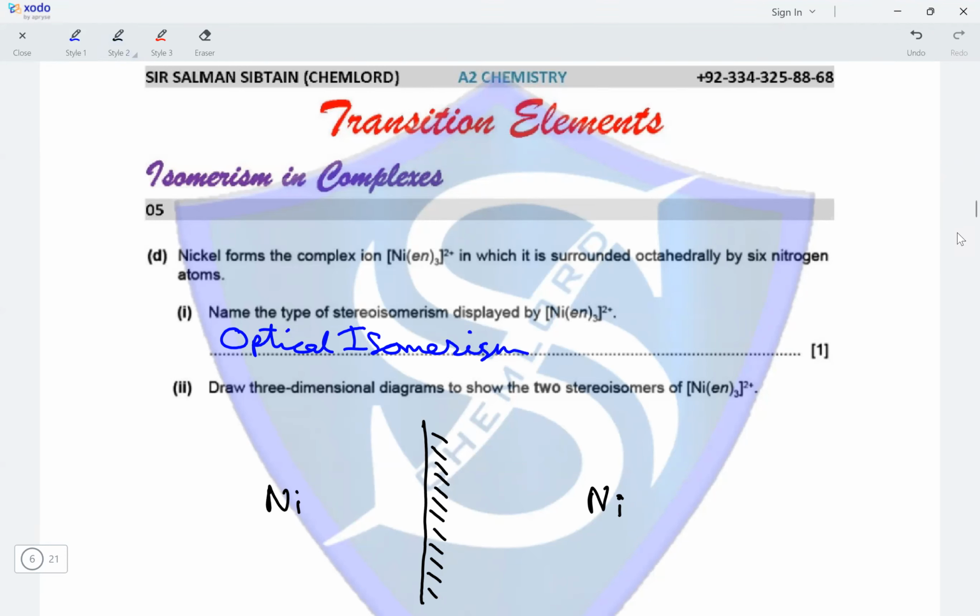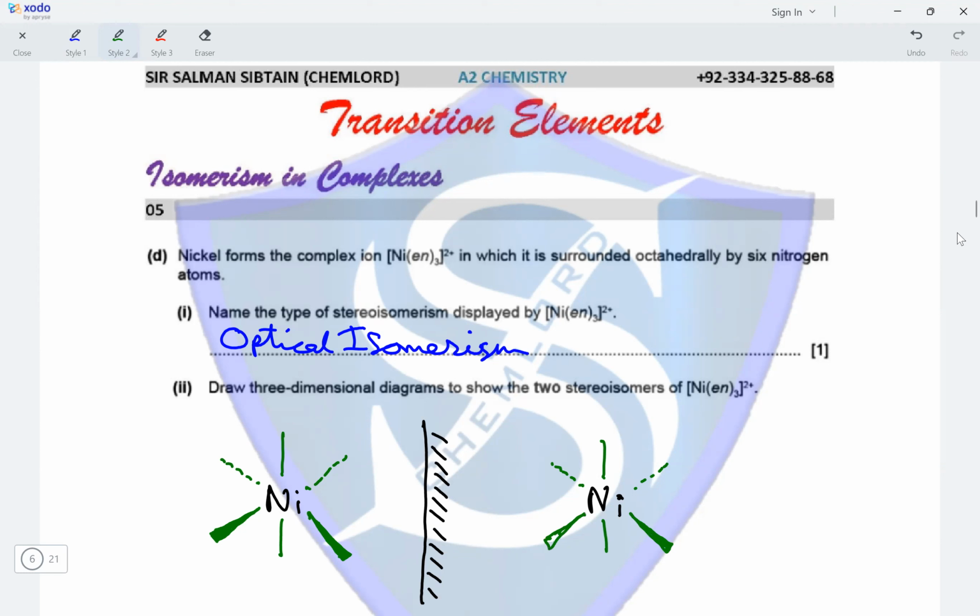Then we would be needing positions of binding of the ligands on both the ions forming the complex so that we can place the En molecules one by one, since En is a bidentate ligand. Also, they have said that all the positions or all the bonds are with the nitrogen atoms. So we need to show that nitrogen atoms have bonded to the nickel ion.